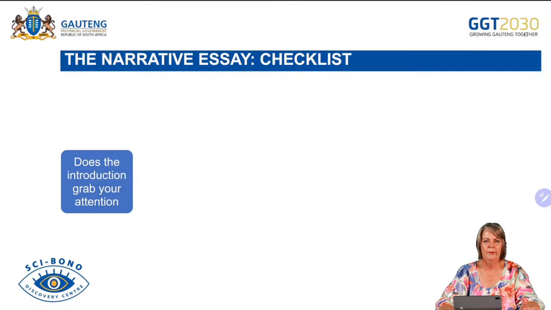And in the activity that I'm including in this presentation, you'll see that there's a checklist included. This checklist will help you to check whether you have covered everything that needed to be covered. You can also swap with a friend to make sure that from an objective point of view, someone else can check your essay to see whether you have done what you were supposed to do.